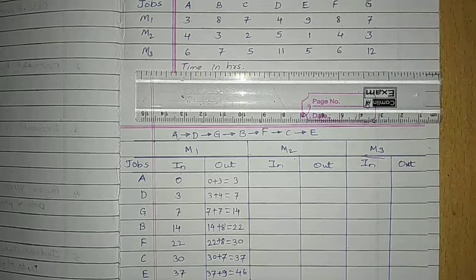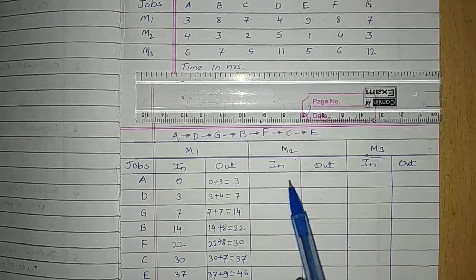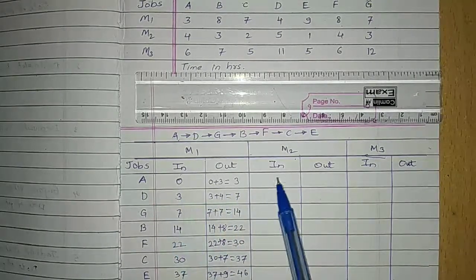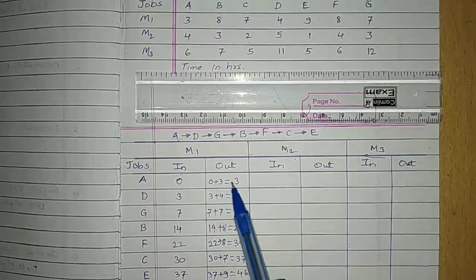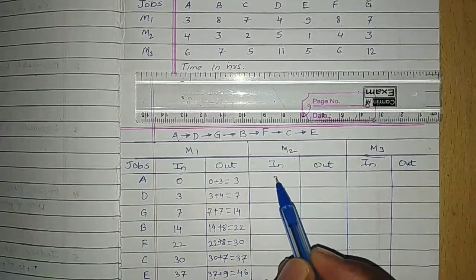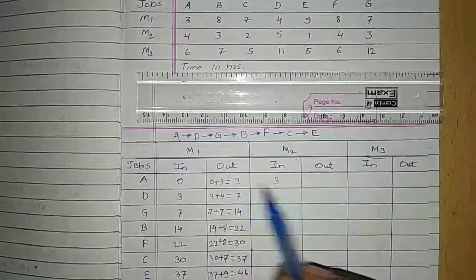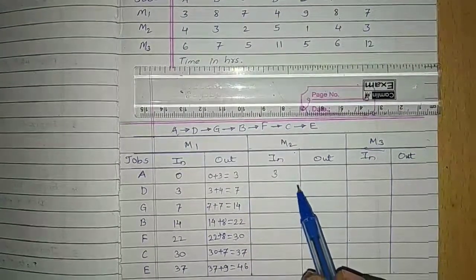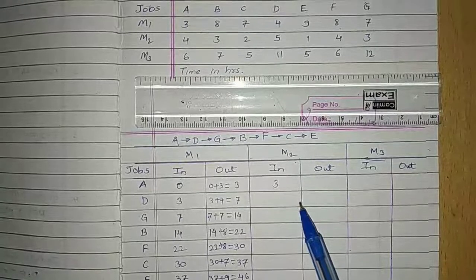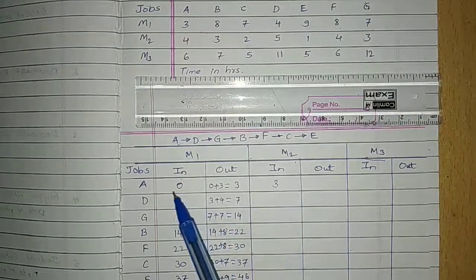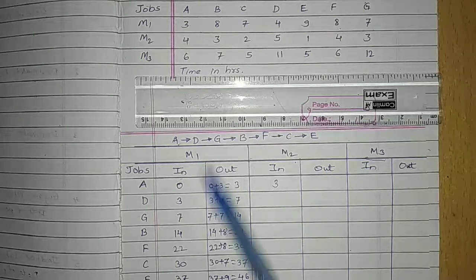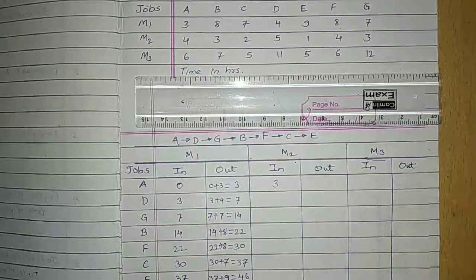Now let us do these calculations on M2. Now for job A, in time on machine M2 will be the out time of M1. So here I write 3, I have written here. Okay. Now out time on M2 for job A will be, for job A, processing time is 4 hours.